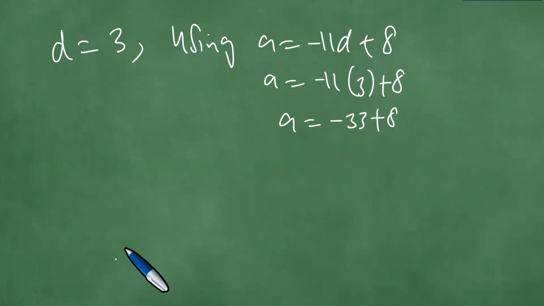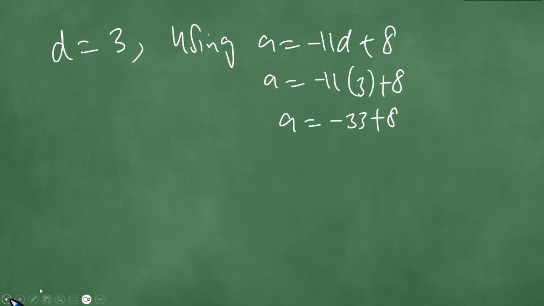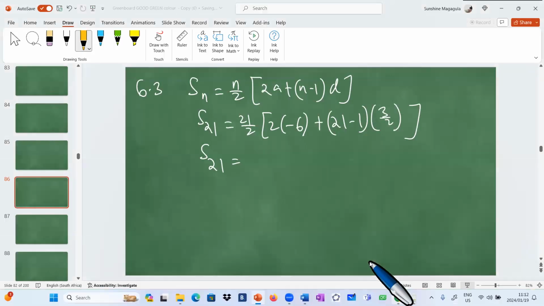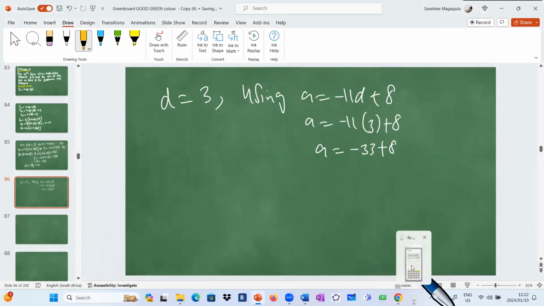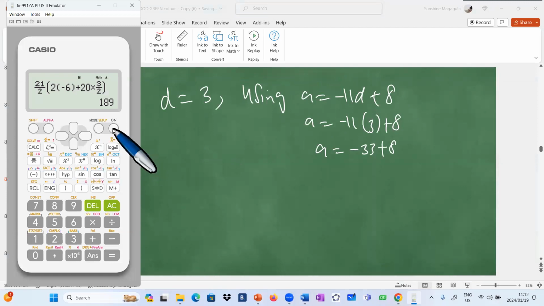What is minus 33 plus 8? You can use this calculator here. Negative 25. Minus 33 plus 8, minus 25, right?